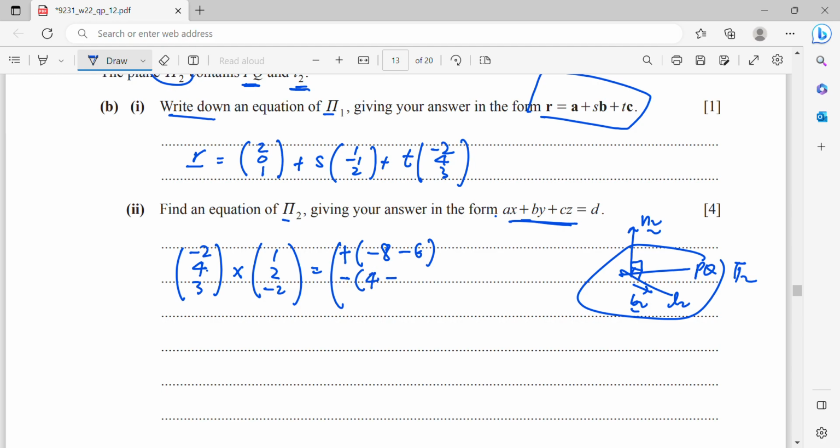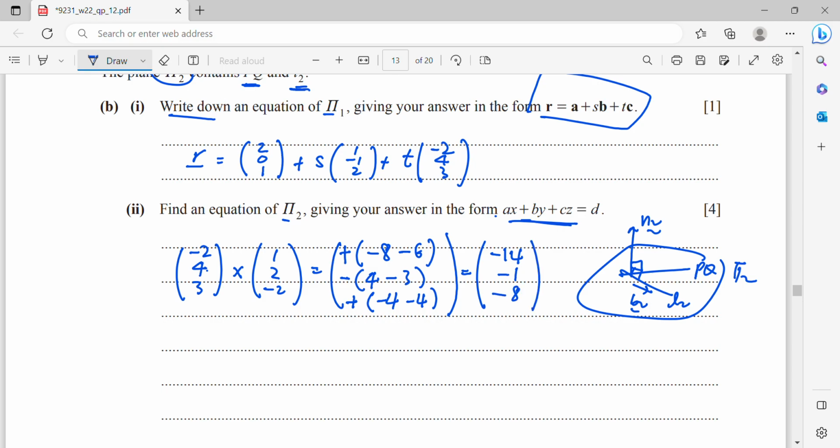Then minus 3 times 1 is 3. Plus, now cover the third row, it will be minus 2 times 2, minus 4. Then 4 times 1, minus another 4. So this is basically the same as negative 14, negative 1, and minus 8.